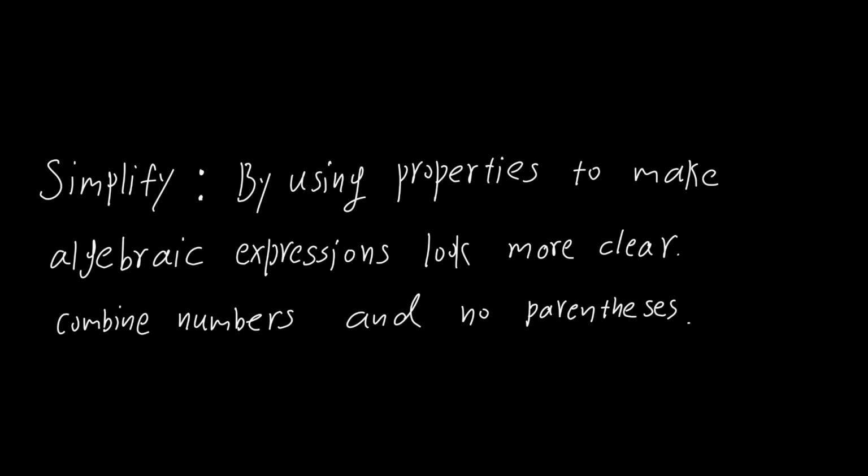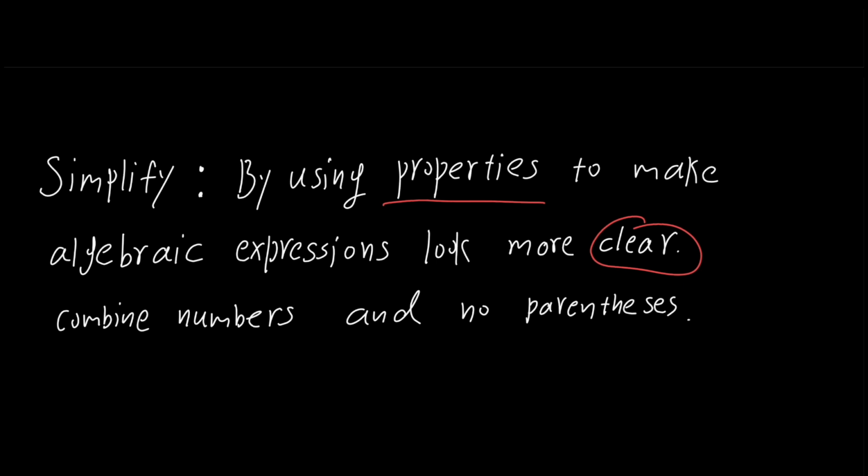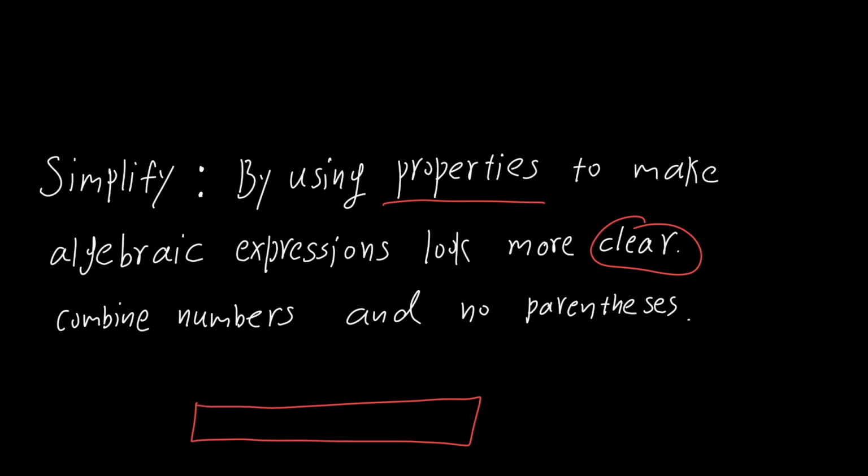Simplify. Simplify means using the properties that we just learned to make algebraic expressions look more clear. Let's say we have a whole chunk of expressions, and I want to make it shorter, look nicer, clearer. This process is called simplify.